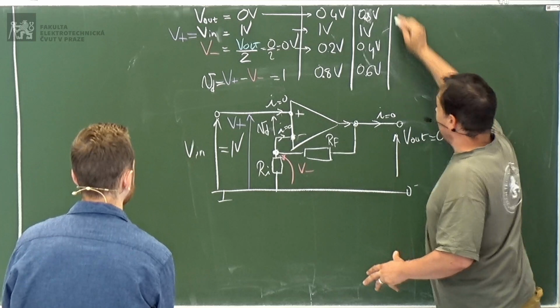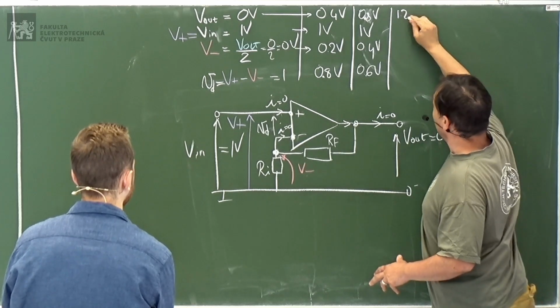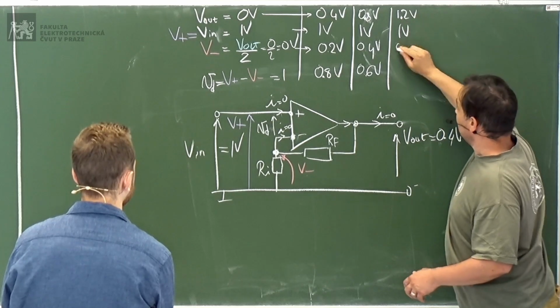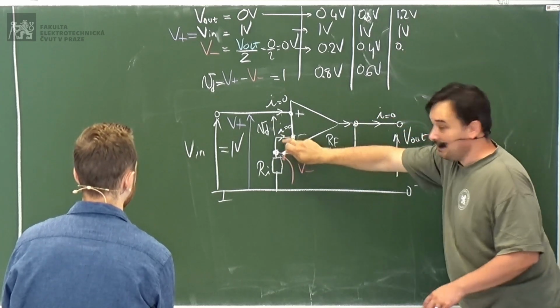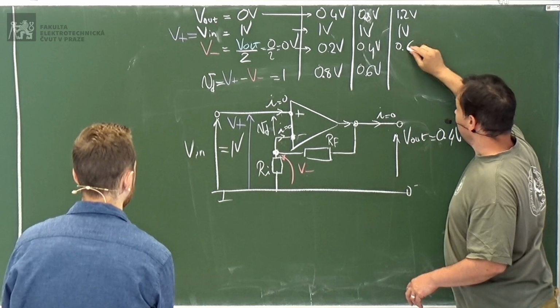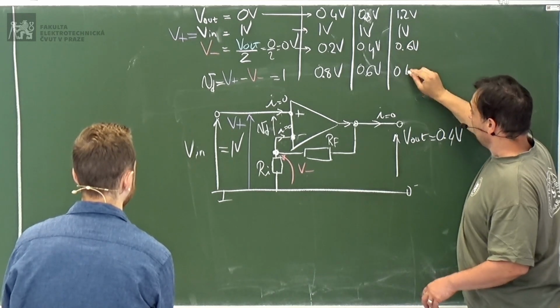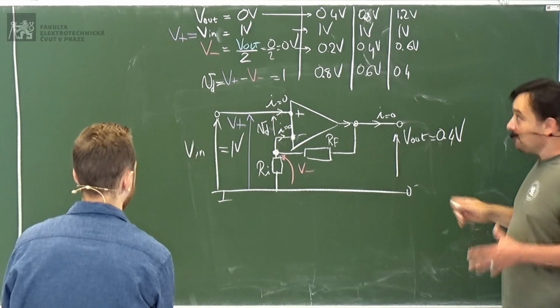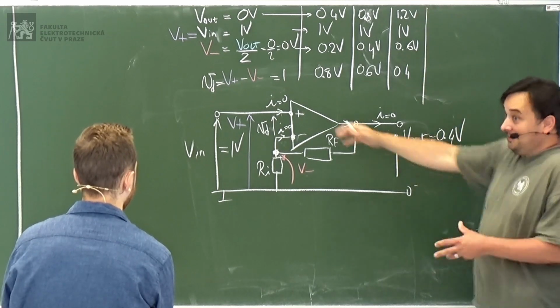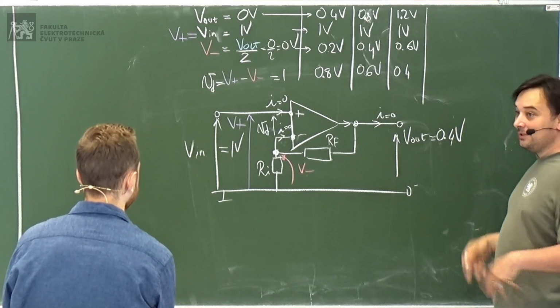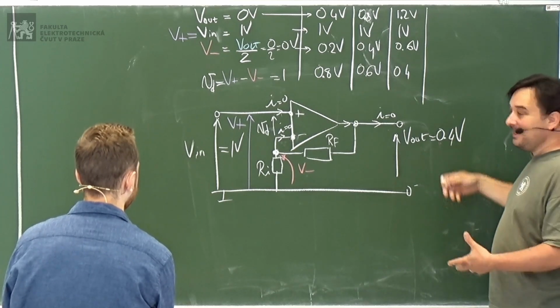So let's say that we get 1.2 volts at the output. Now, 1 volt at the positive input, the negative input has 0.6 volts, and now the difference is 0.4, almost there. The amplifier feels that it's going well, so it gives more voltage at the output.